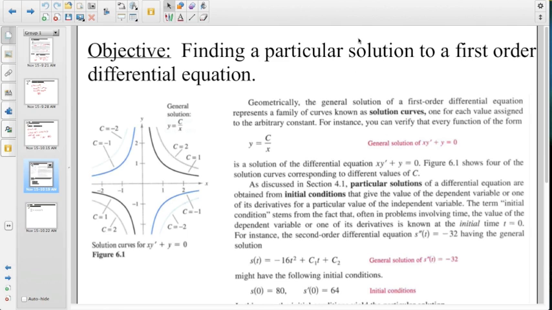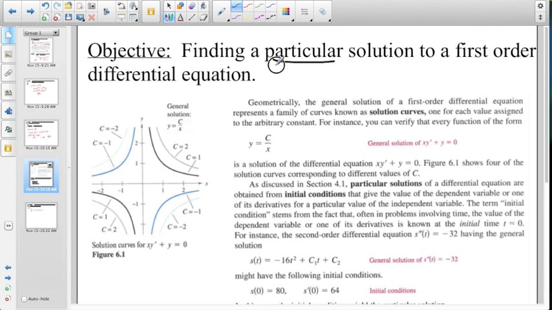The two terms we really have to be able to differentiate between are particular and general. The particular solution is when we actually find a numeric value for these constants of integration. Right now, this paragraph is telling you that this is a general solution because there's a constant of integration here.